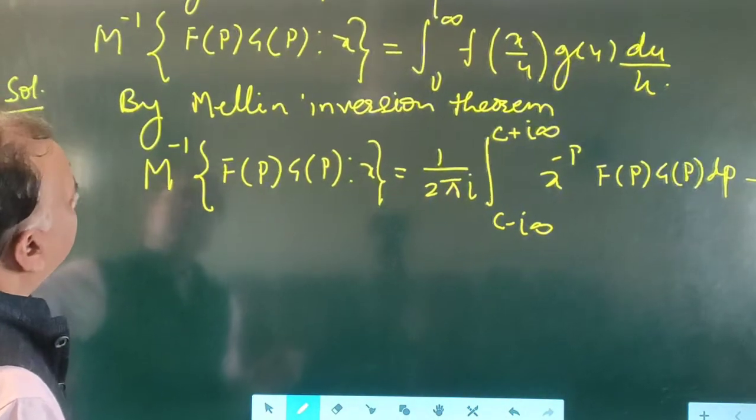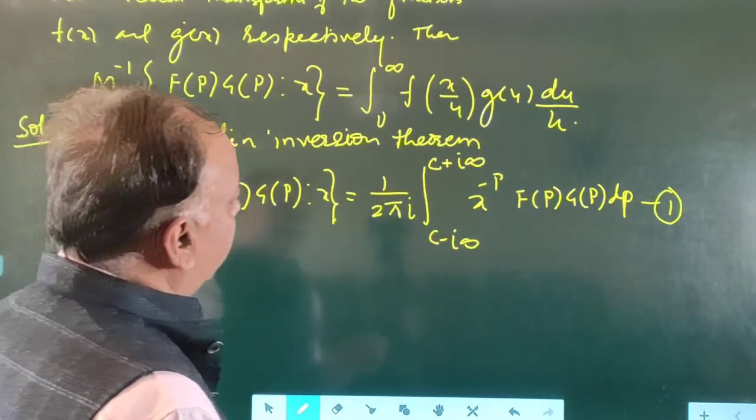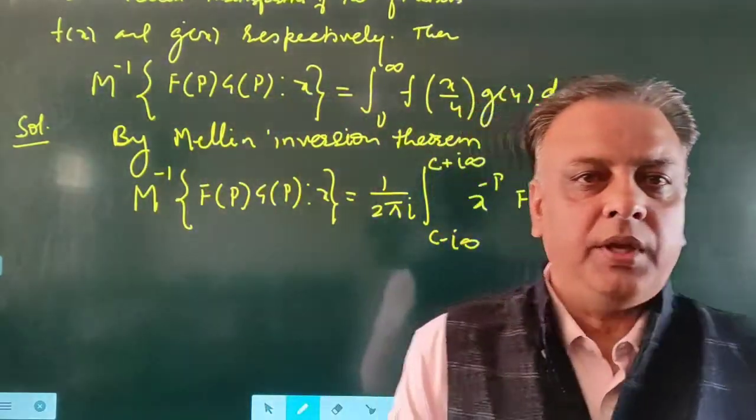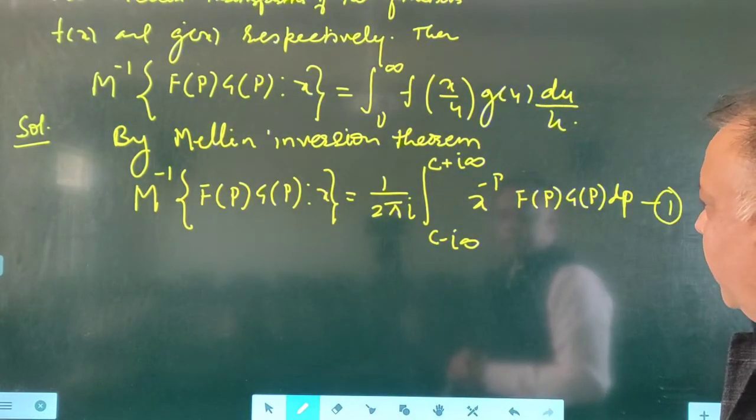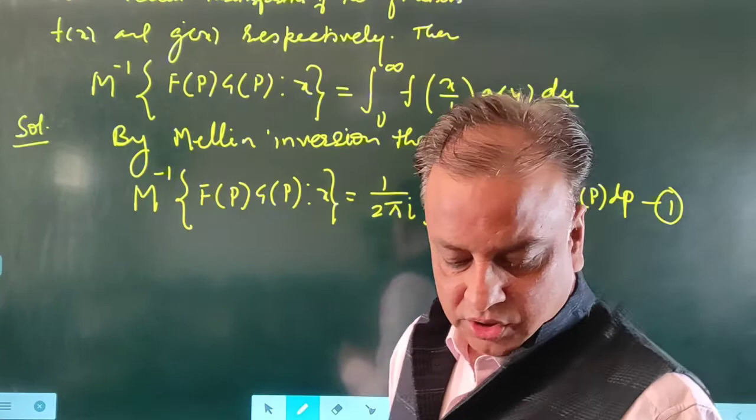Now it is given that F(p) and G(p) are the Mellin transforms of the functions f(x) and g(x).